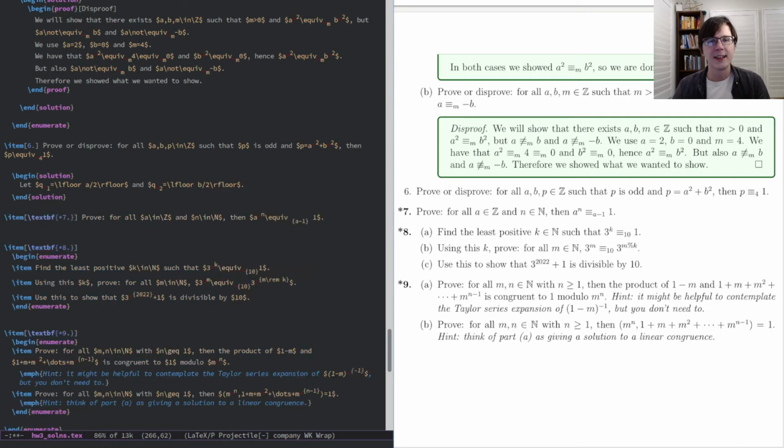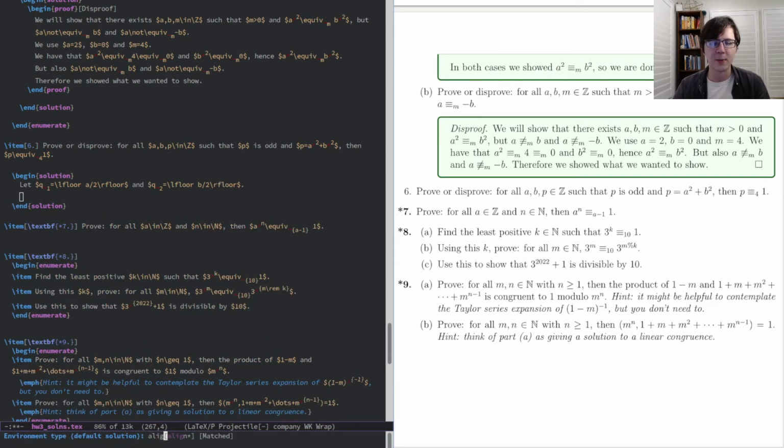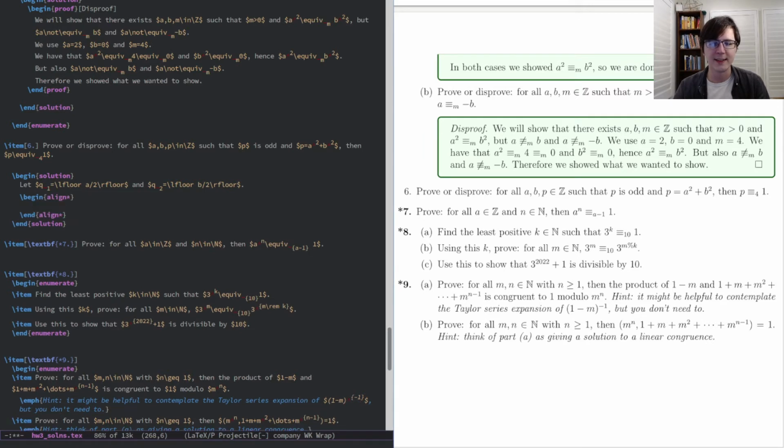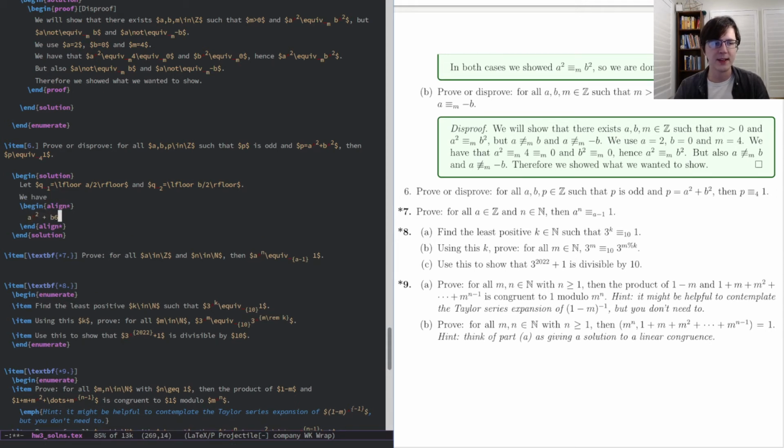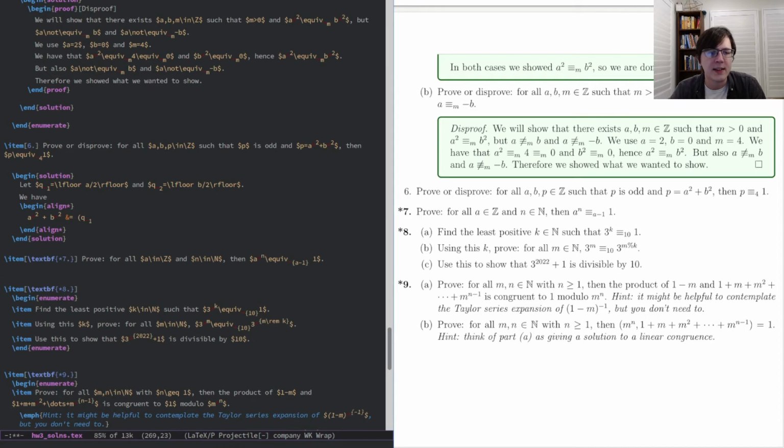Because I was thinking, I don't know if this is going to work, so let's just take a look. Follow along. So we have that a squared plus b squared is equal to q1, or 2q1. That's why I did that, it's just so I can do this.